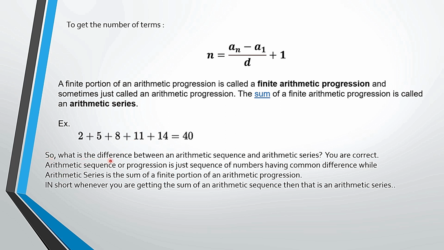So what's the difference between an arithmetic sequence and an arithmetic series? Yes, you are correct. An arithmetic sequence or progression is just the sequence of numbers having a common difference, while an arithmetic series is the sum of a finite portion of an arithmetic progression. In short, whenever you are getting the sum of an arithmetic sequence, then that is an arithmetic series.